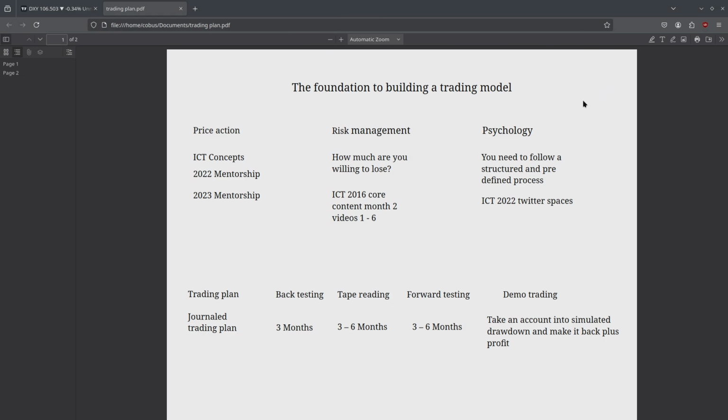Well, you're going to see that during the back testing and the tape reading. You're going to see, okay, well, I want to add this, or maybe I want to add a different data point. You're collecting data. That's all you're doing. You're collecting data. You're proving to yourself that it works day in, day out.